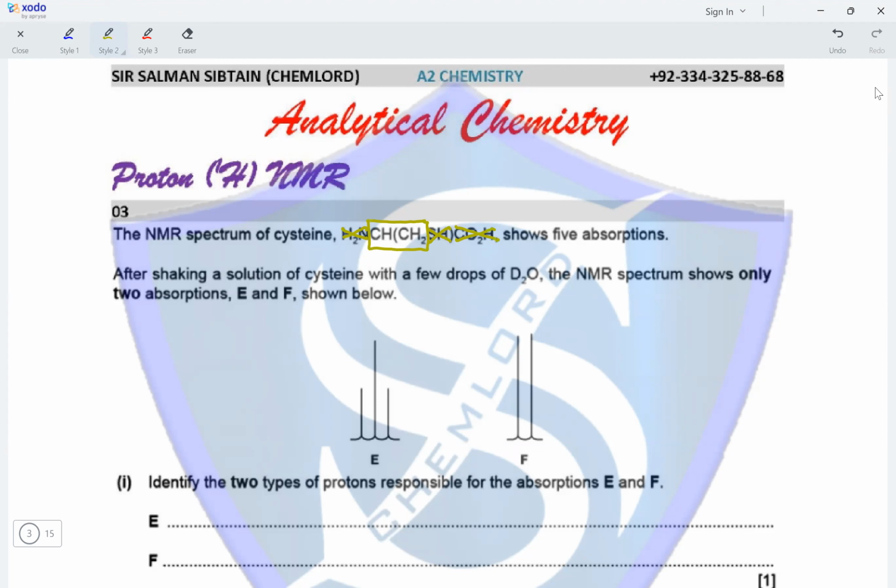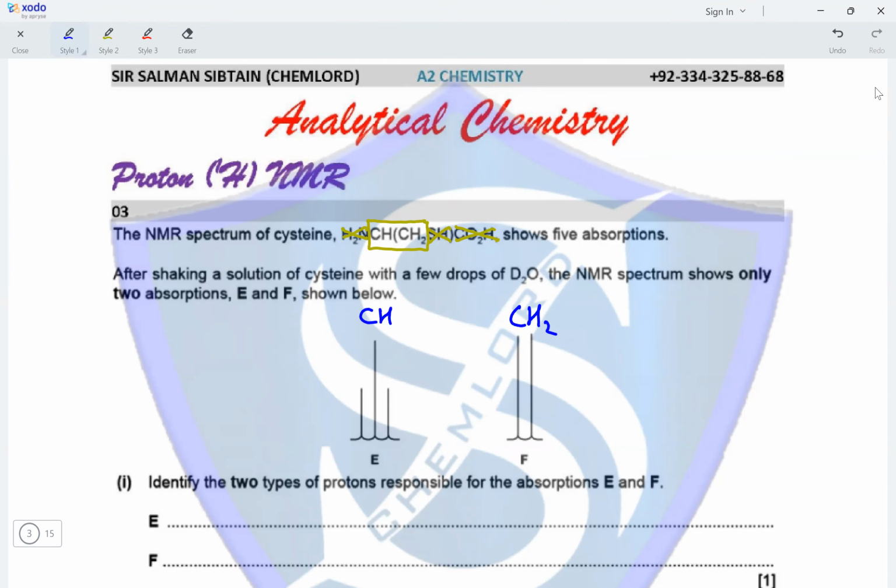So if we have a CH next to a CH2 group, that means that CH will have a peak split of 3 or a triplet. So that means E is the peak for the CH group, and the CH2 group being attached next to CH will have a doublet. So the doublet peak is for CH2.